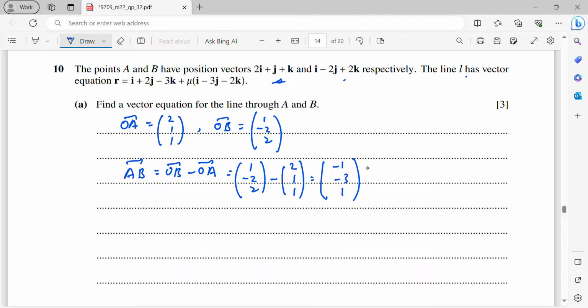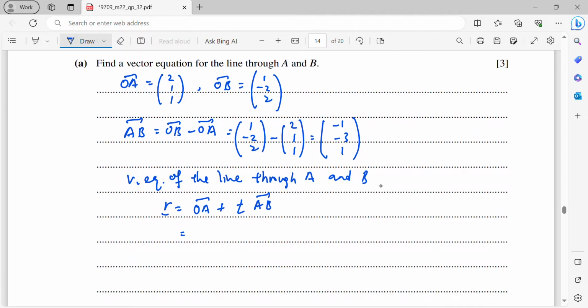So now the vector equation of the line through A and B is going to be r equals, you can pick any point. You can use OA or OB, up to you. So I will write OA plus t AB. My OA will be (2, 1, 1) plus t of (minus 1, minus 3, 1).